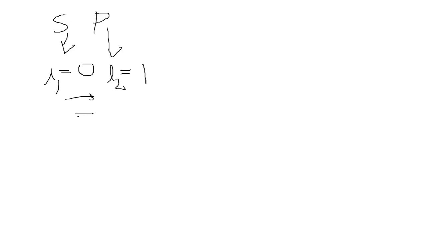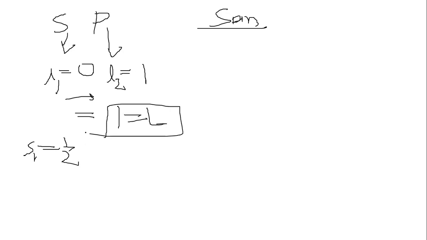So L1 plus L2 will be how much? 1 only. If we talk about S here, it means spin, not this S. So S1 is half, and this is capital L, because this is the vector L1 plus L2. So 0 plus 1 or 0 minus 1 will be 1 only. So L has only one value.